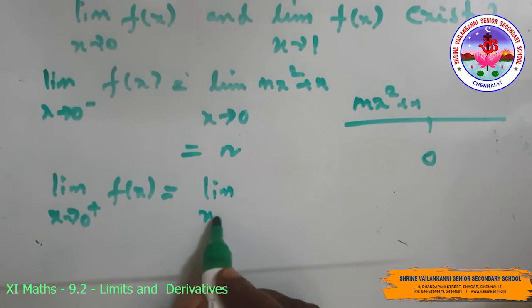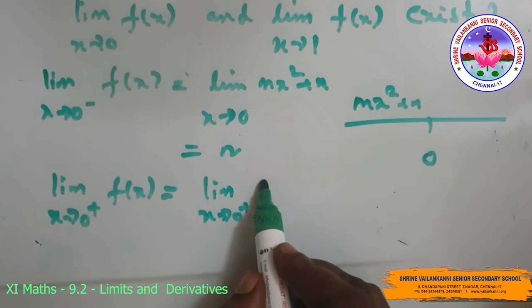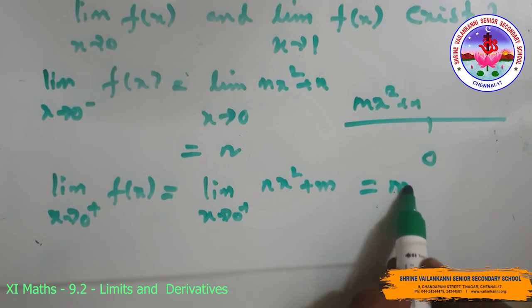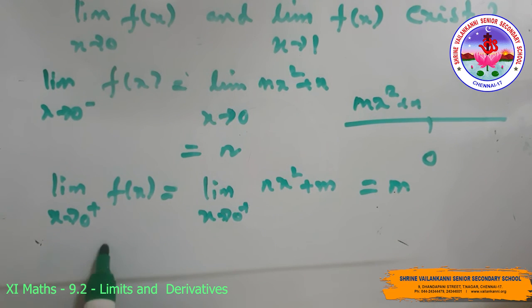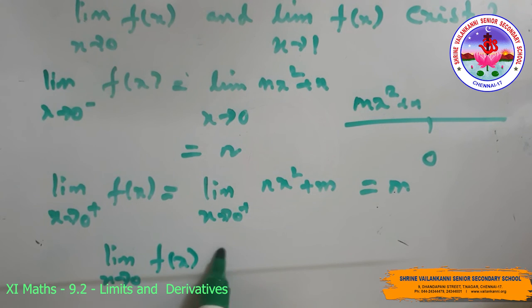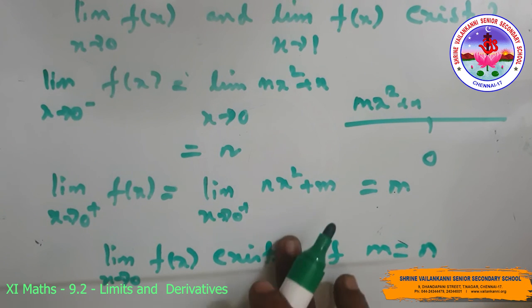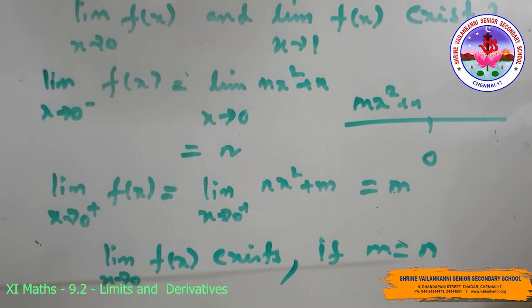So limit x tends to 0 plus nx square plus m, put x equal to 0, we have m. Thus limit x tends to 0 f of x exists if m equal to n. If left hand limit and right hand limit are equal, then we can say that limit f of x exists. Conversely, limit x tends to 0 f of x exists if m equal to n.